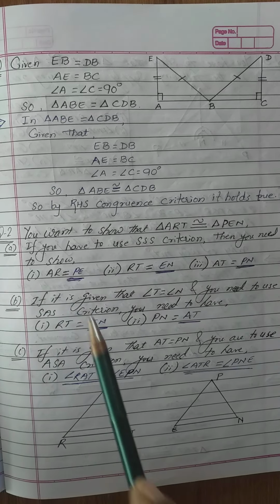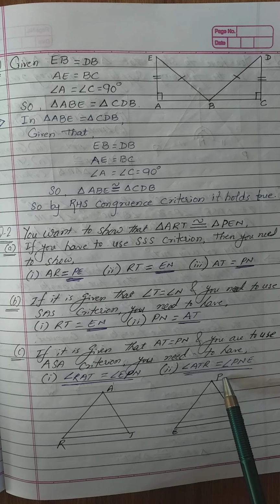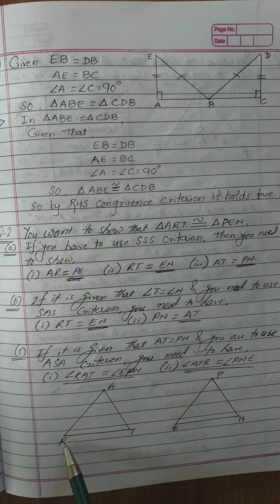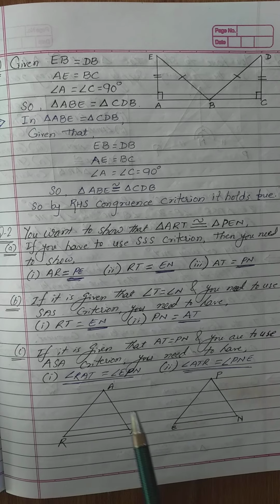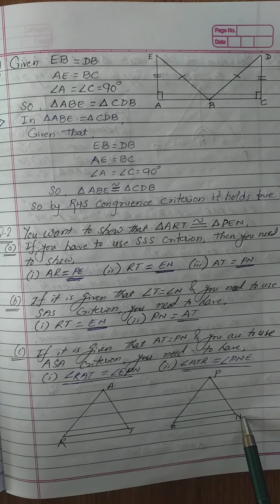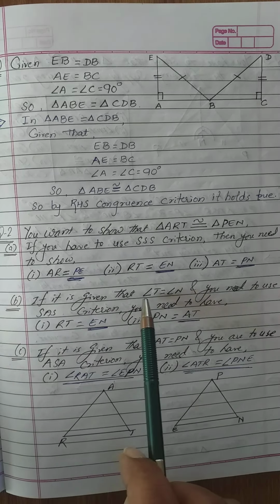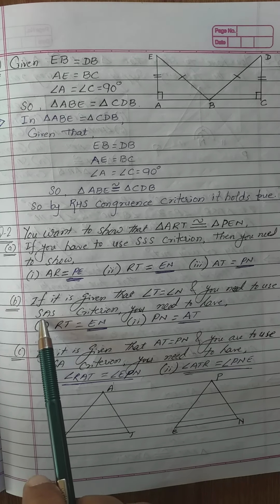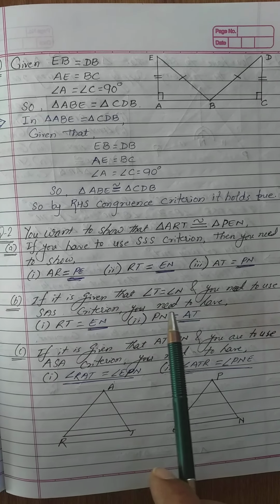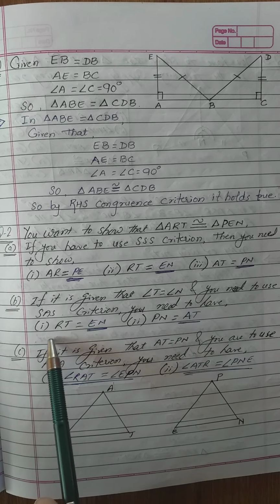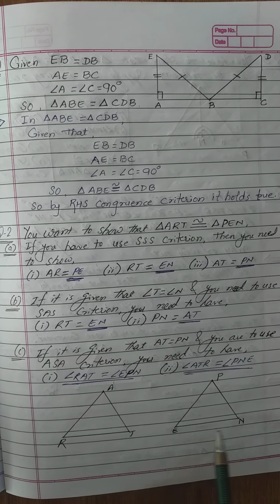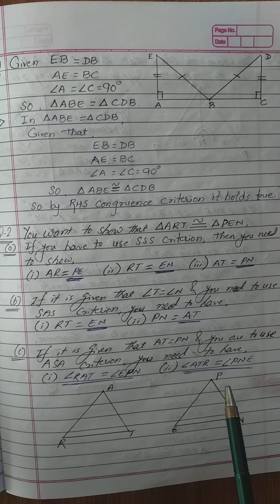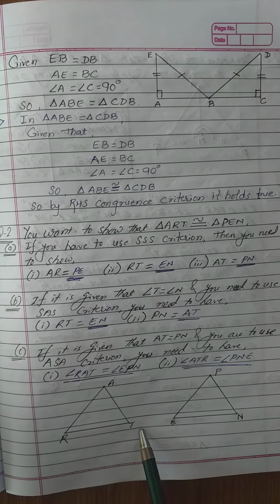Here you can see AR will be equal to PE, RT will be equal to EN, and AT will be equal to PN. If it is given that angle T is equal to angle N, you need to use side angle side criteria. You need to have RT equal to EN and PN equal to AT.